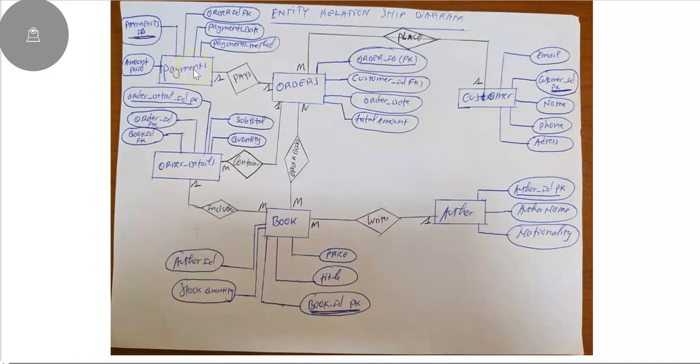As you can see here, we have the payment entity and its respective attributes, and you have the order entity and its attributes, and the customer entity and the author entity and then the book entities. Here, as you can see, we have relationships between those entities.